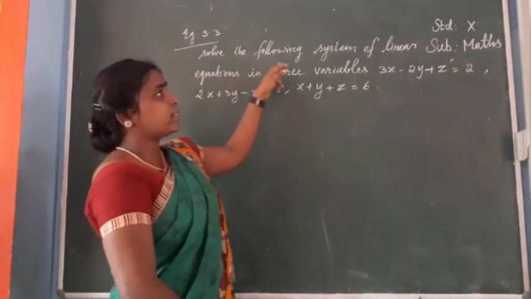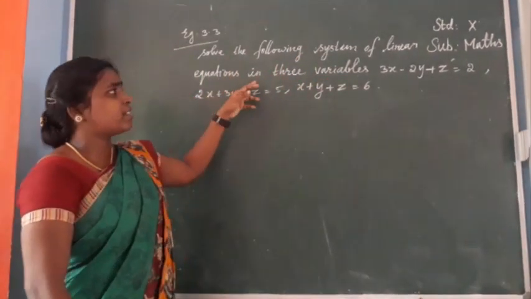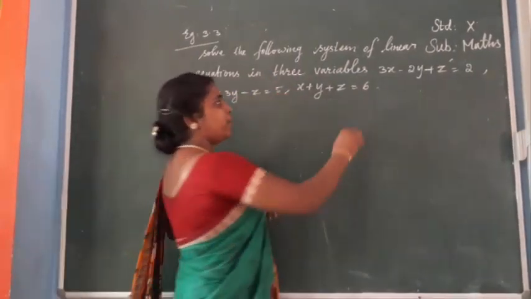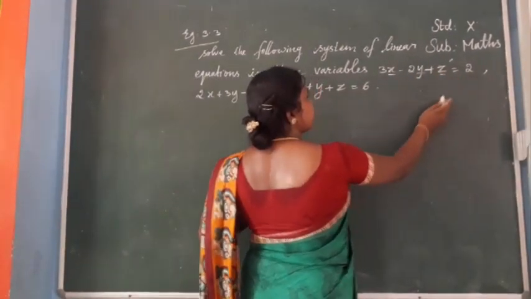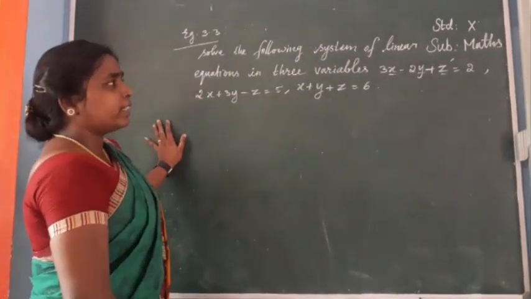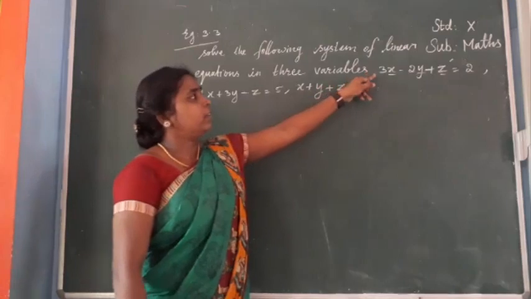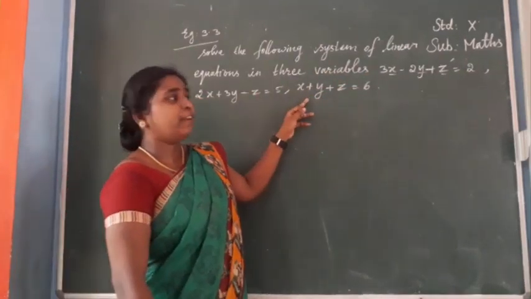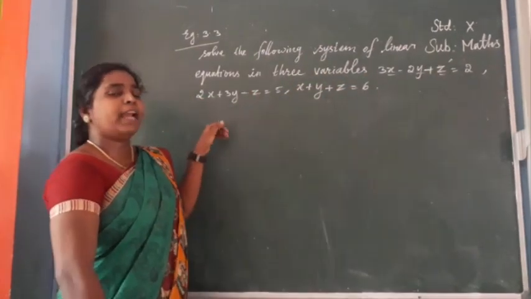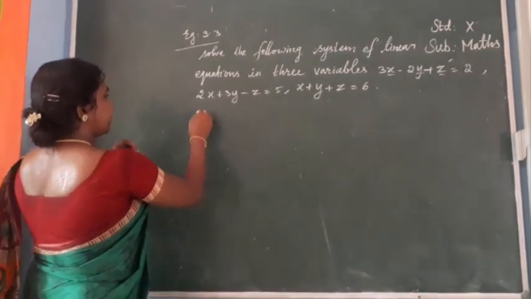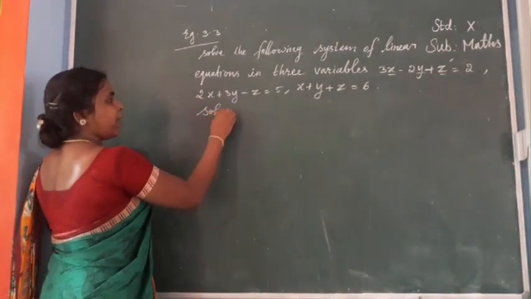Solve the following system of linear equations in 3 variables. Variables are x, y, z. So, if you want to solve a 3 variable equation, we need 3 equations. You see, 1, 2, 3. Then only we can find the unknown values x, y, and z. So now we can take the given equations 1, 2, and 3.